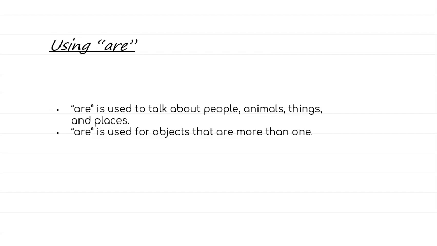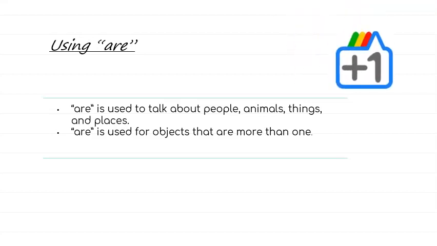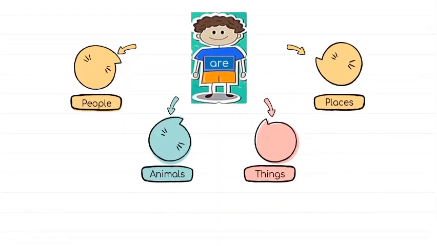Are is used to talk about people, animals, things, and places. It's used for objects that are more than one. Let's check it out. So this is are.